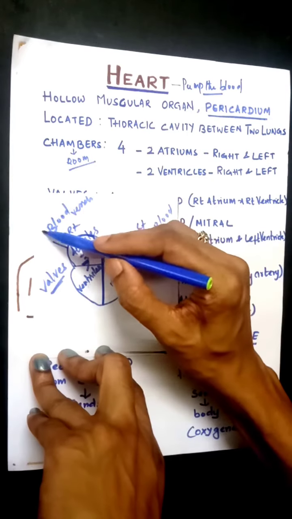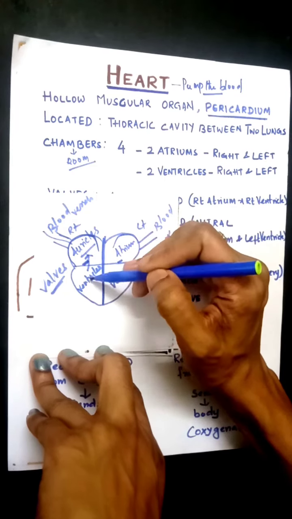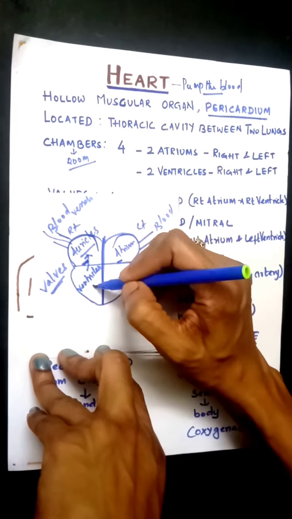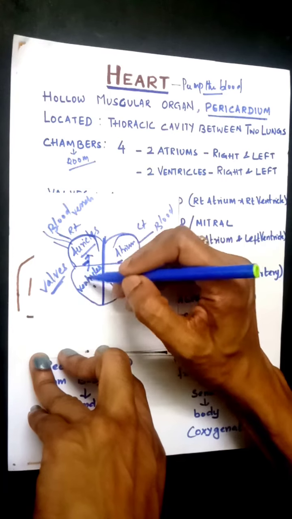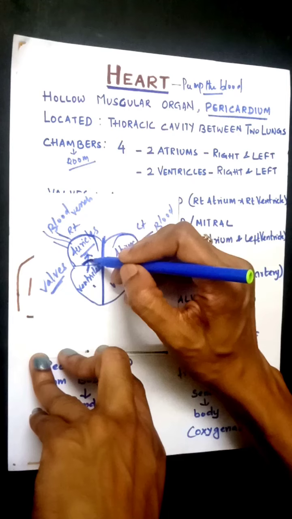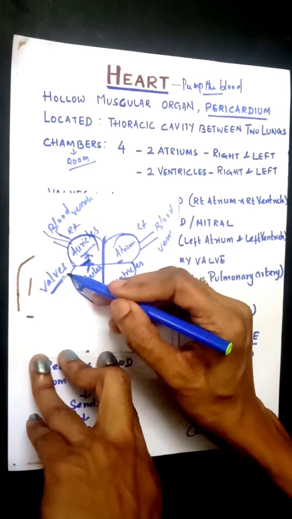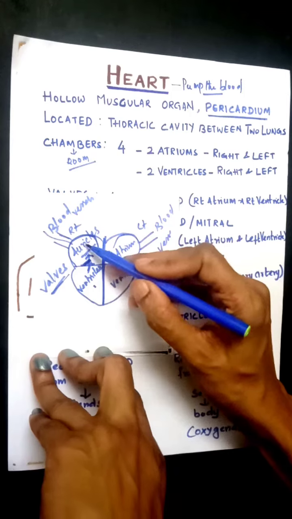For example, blood from other parts of the body enters the right auricle and it is pushed into the right ventricle. When it is pushed inside, the pressure inside will increase. So to prevent the backward flow from ventricle back to auricle, this valve acts as a door which closes the opening. So valves prevent the backward flow of blood from ventricles to auricles.